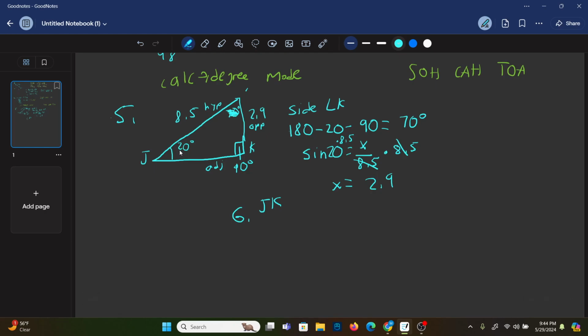So we want to know this side, and so we know adjacent over hypotenuse. We could also do adjacent and opposite, which would be tangent, but for now, we're just going to use this side. So we're going to do adjacent, which is x because we don't know it, over hypotenuse.